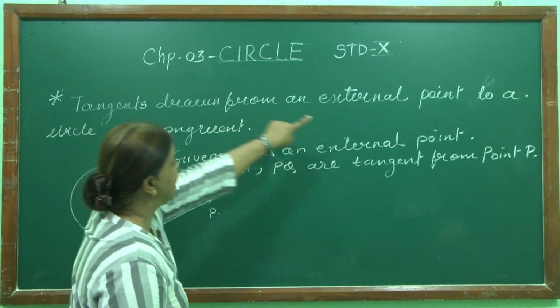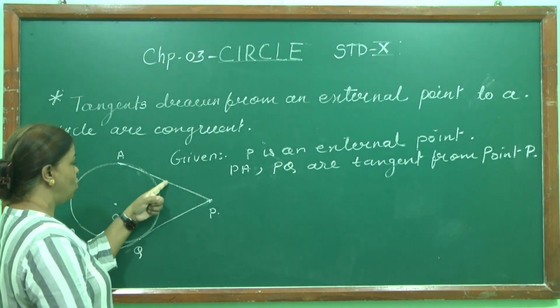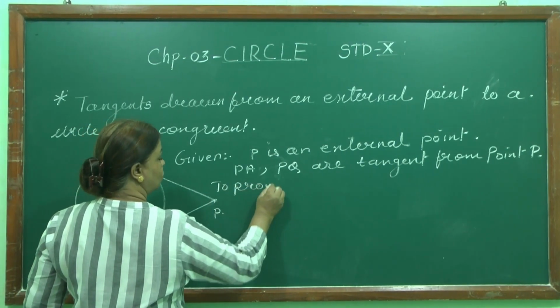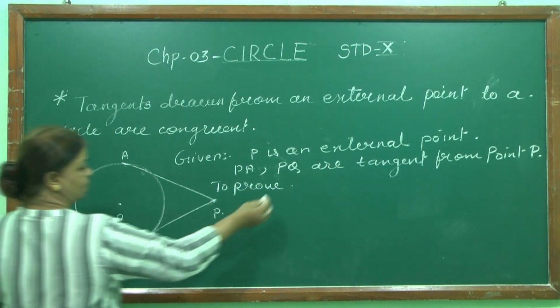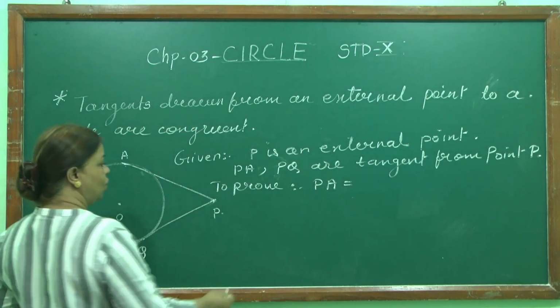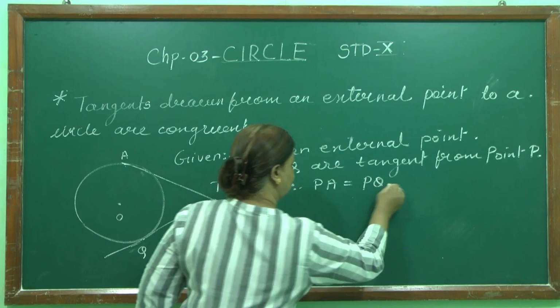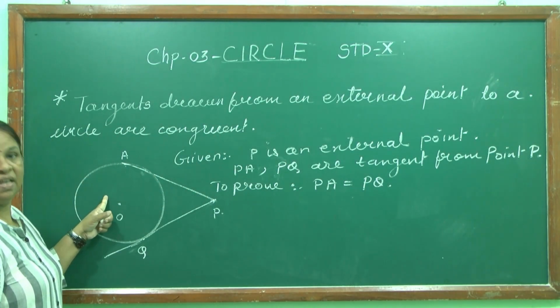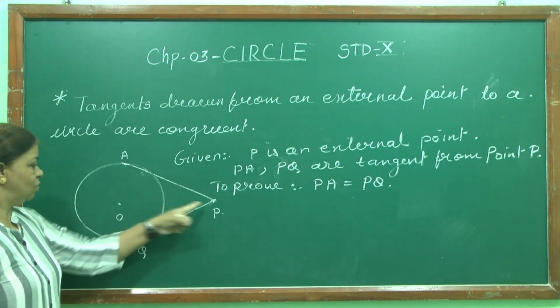Tangents drawn from an external point to a circle are congruent. We want to prove PA is equal to PQ. This is the information given to us, and we want to prove PA is equal to PQ.